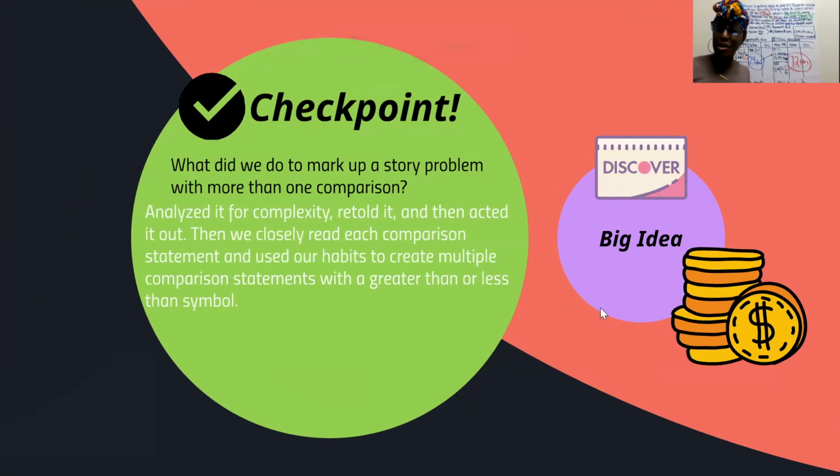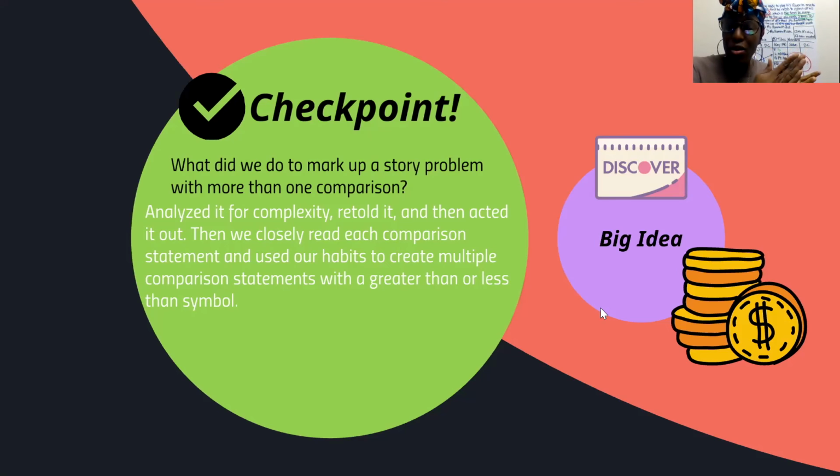So we analyzed it for complexity by thinking through a few specific questions that helped us to pull out how many comparisons we saw in the story problem, and then also who was being compared in the story problem. We then retold it, which helped our mental movie and our visualization, and then we acted it out.